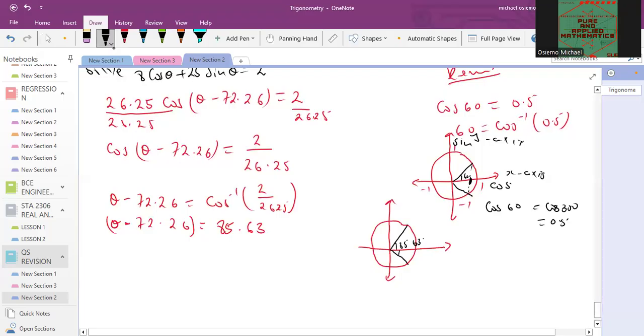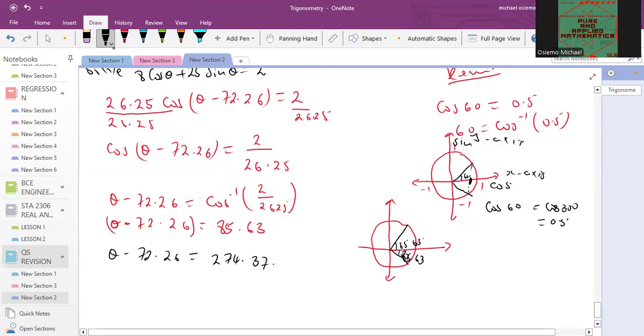So we take 360 minus 85.63, which will be equal to 274.37. So meaning that theta minus 72.26 is also equal to 274.37.